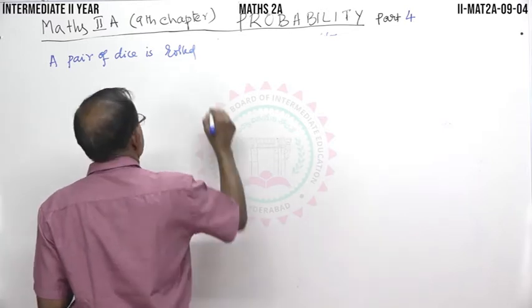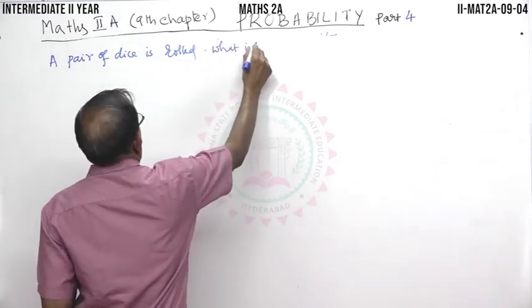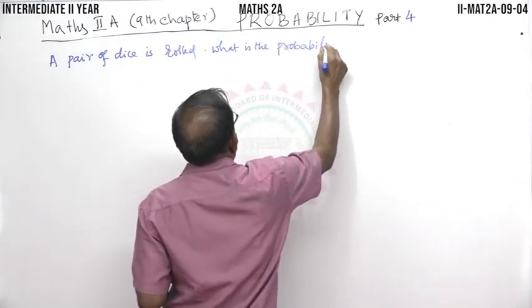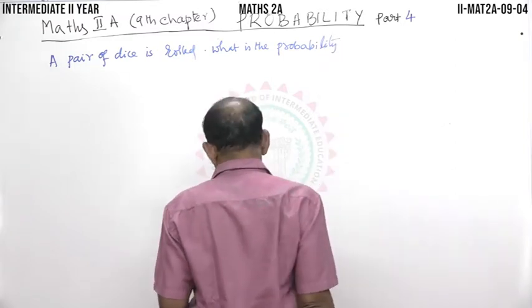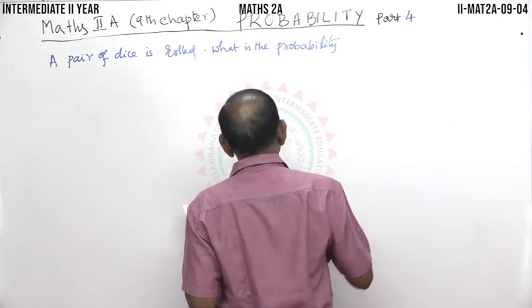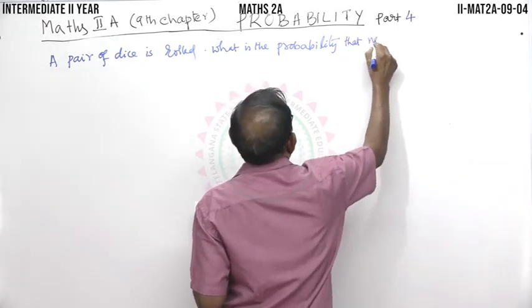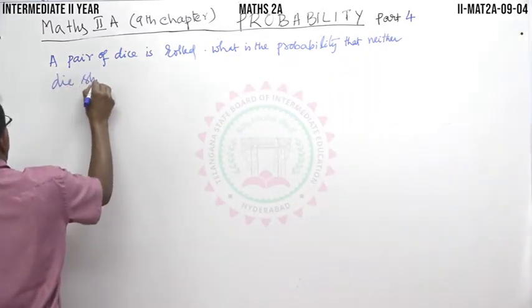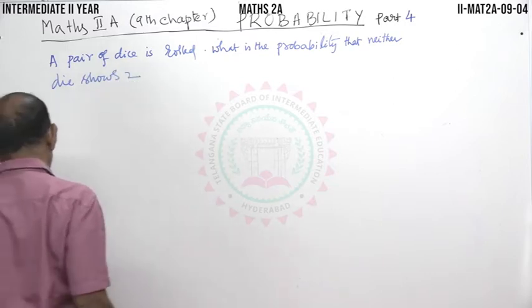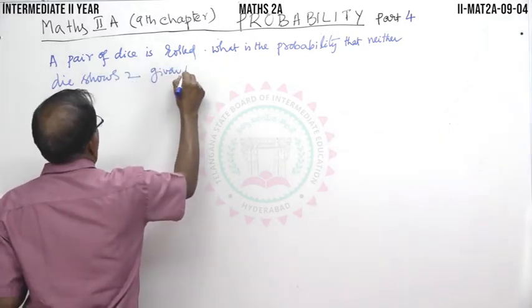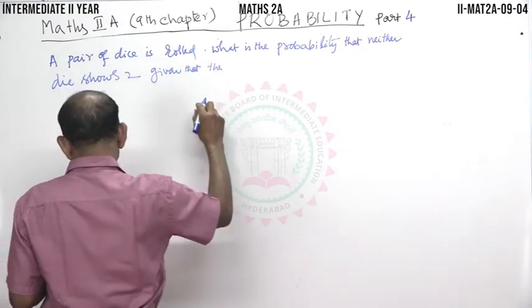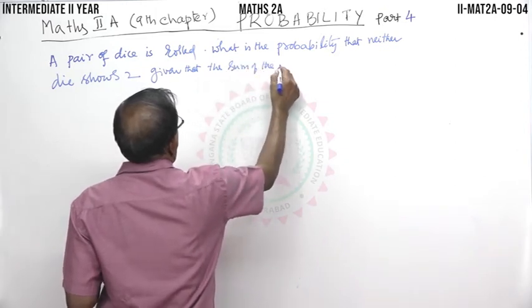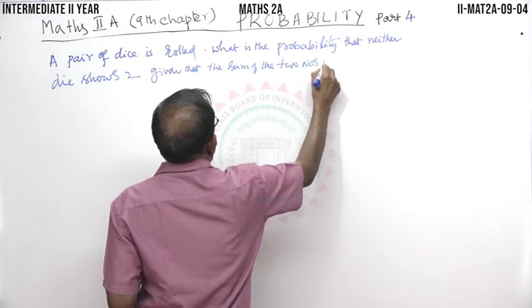What is the probability that neither dice shows 2 given that the sum of the two numbers is 7.